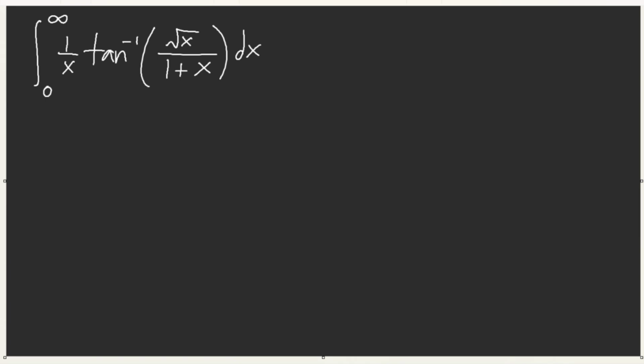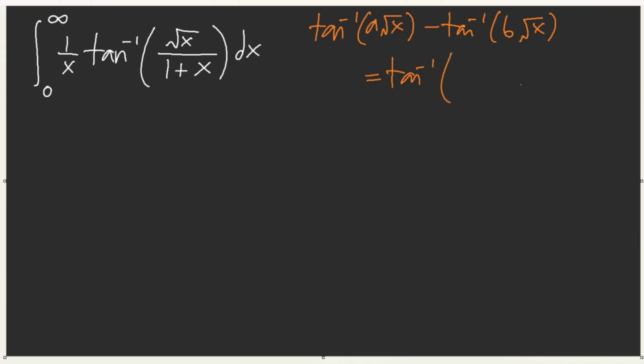Here we want to find inverse tangent of a square root of x minus inverse tangent of b square root of x. This gives us inverse tangent of (a minus b) square root of x over 1 plus abx.